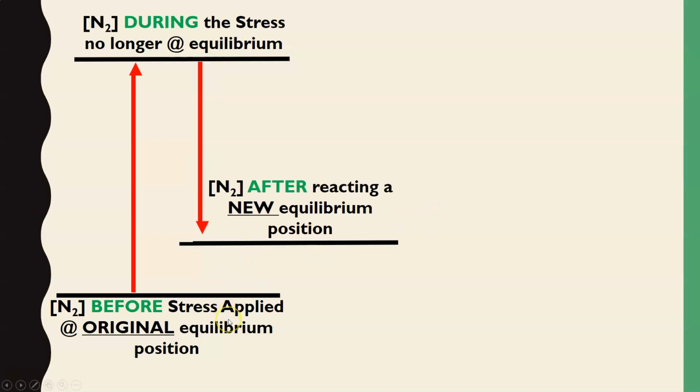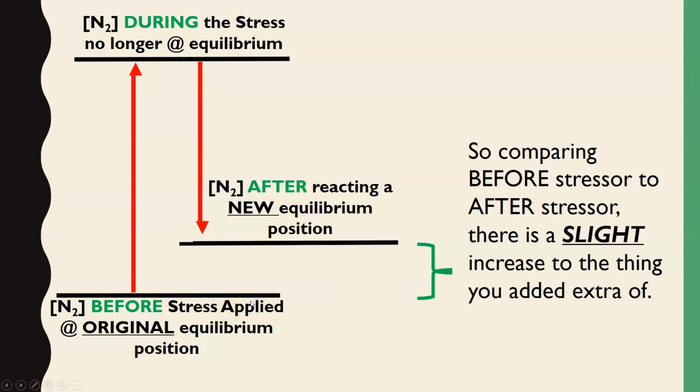It can't get all the way there, okay? So it's going to come down lower than the worst part, but do you see how we're just a little bit higher than where we started? So compared to where we started, we have a slight increase. It was good. I really screwed it up. I made it way too much nitrogen.